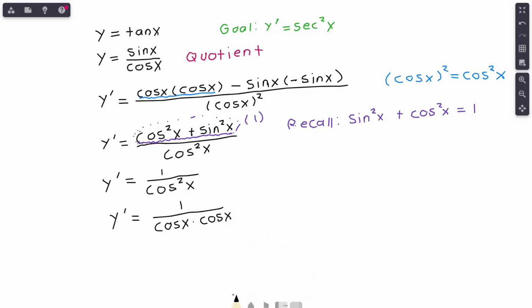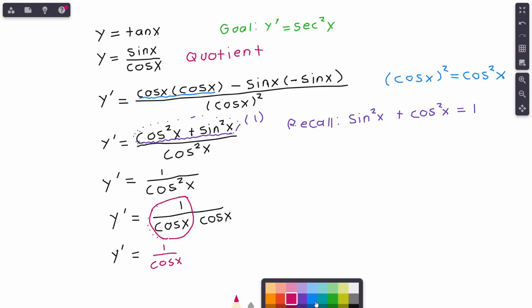And from here, we split the fraction into the product of 2 fractions. This is our first fraction, 1 over cosine x. And this right here in blue is our second fraction. You can imagine that there's a 1 there, so our second fraction is also 1 over cosine x.